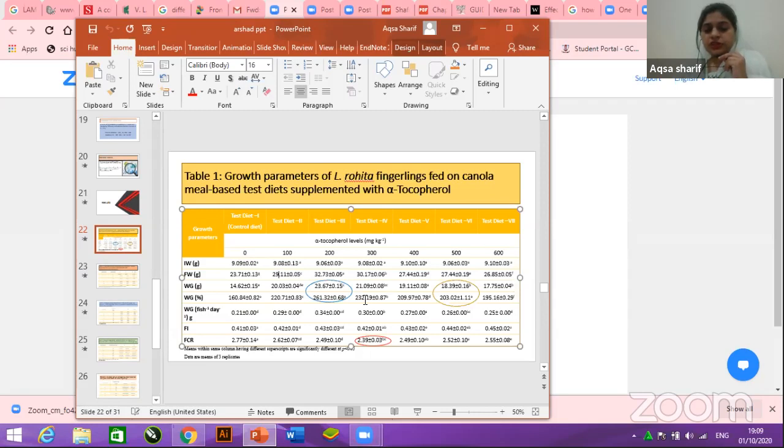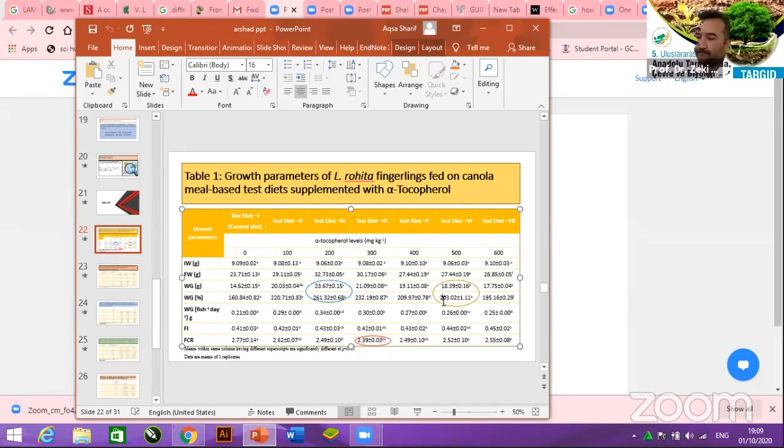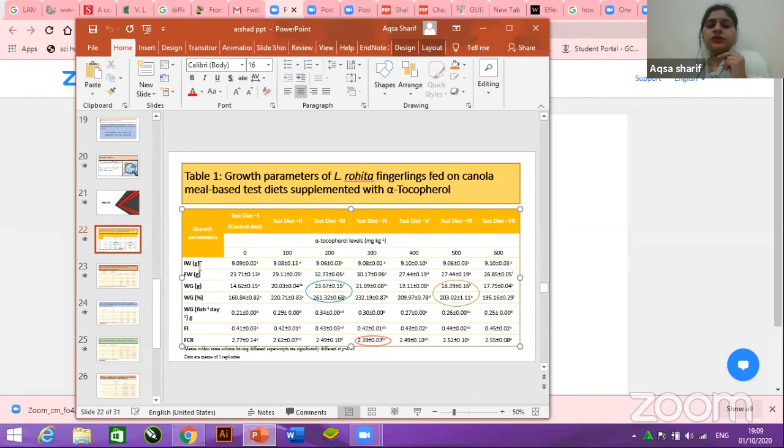And if we discuss the FCR, that is the feed conversion ratio, the best results were obtained by adding the test diet 4, having 300 milligram of the alpha tocopherol, while the negligible improvement in the weight gain was observed by adding the test diet 6, having 500 milligram of the alpha tocopherol.